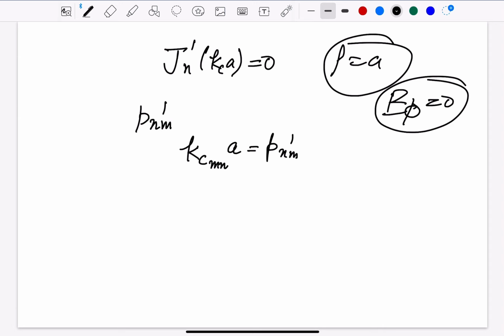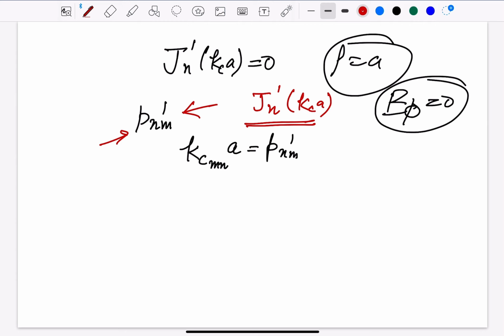Here you can see actually this P'NM is a root of Jn dash KCA. This is the root of this function.